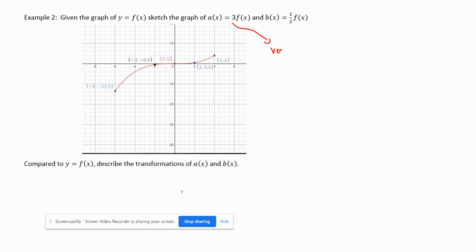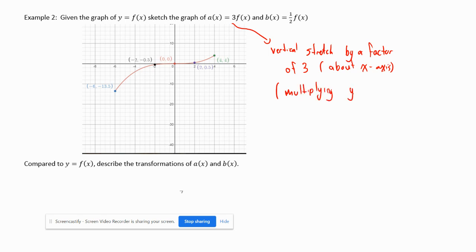This is a vertical stretch by a factor of 3, and I'm going to say about the x-axis. So in other words, what we're doing here, we are multiplying y values by 3.